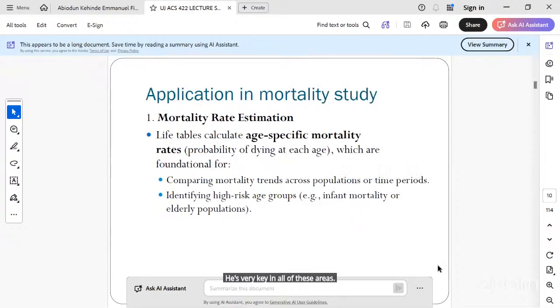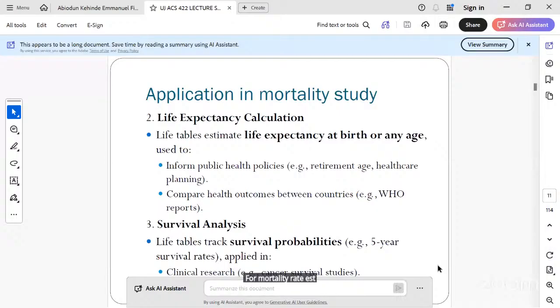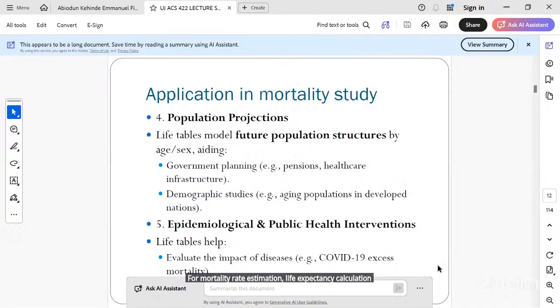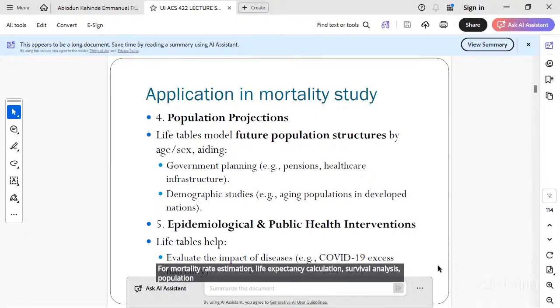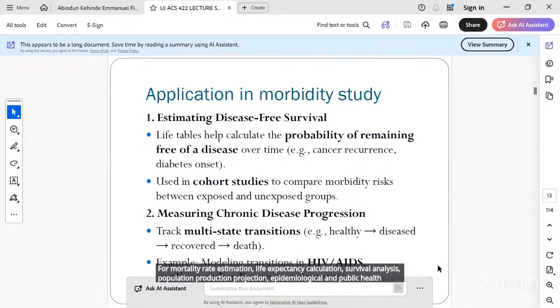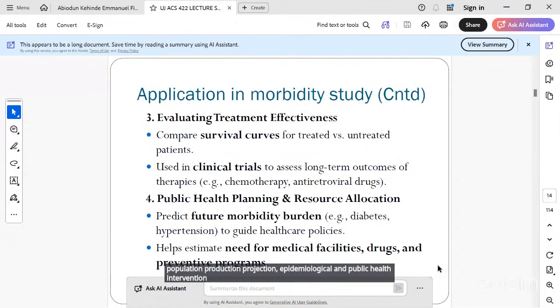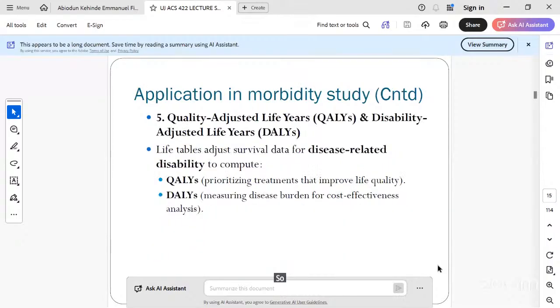And in the area of mortality study, life table is very important for mortality rate estimation, life expectancy calculation, survival analysis, population projection, epidemiological and public health intervention, and so on. So all of these are important areas of application of our life table.